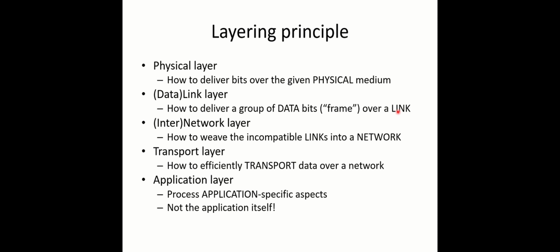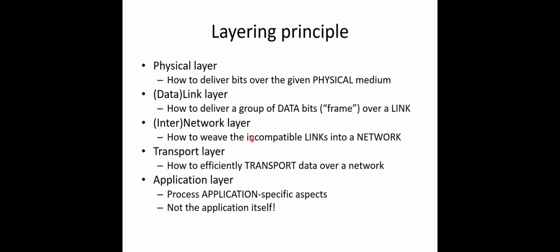Okay, and the mission of data link layer protocols is to deliver the frames over a single link, and that's it. It doesn't reach, say, a destination far away. So that's why the 3rd layer is necessary, and the 3rd layer is the internetworking layer.